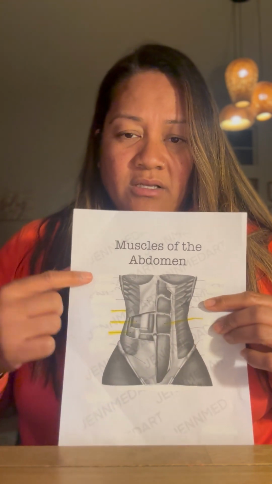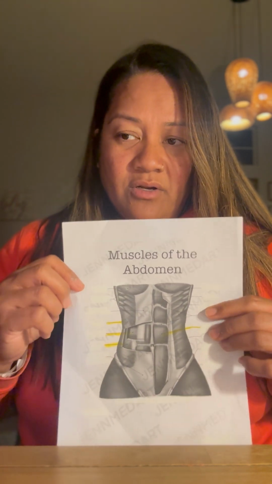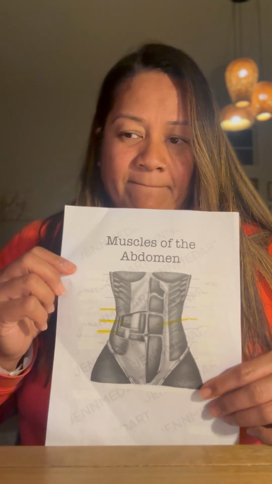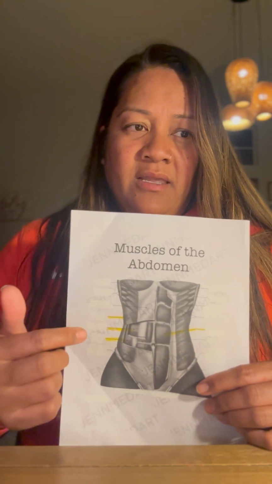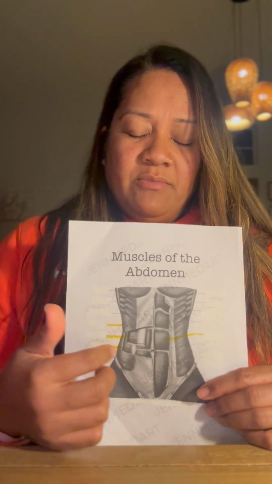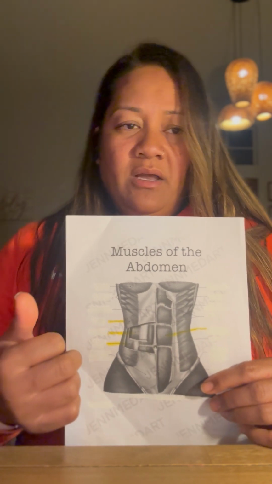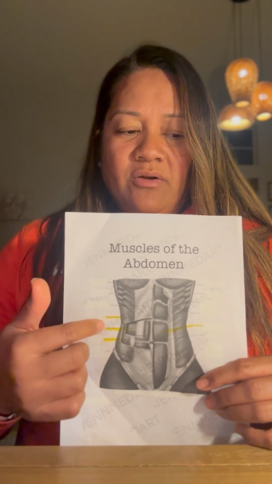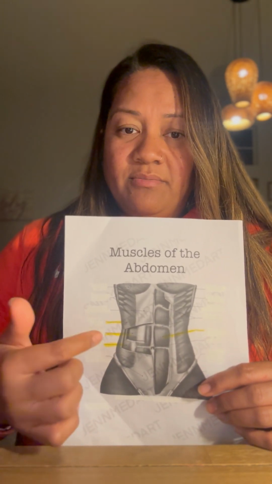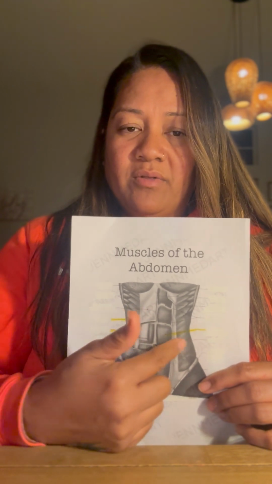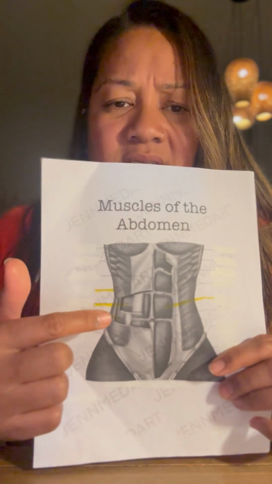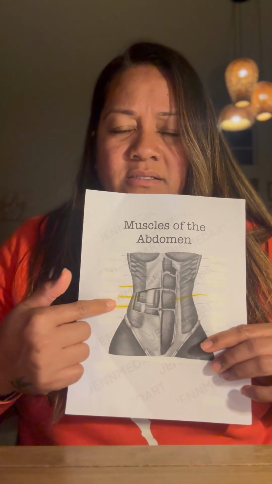The internal oblique is located underneath the external obliques. They help with twisting movements and bending sideways, and they're known as synergists because they assist the prime mover, the rectus abdominis.